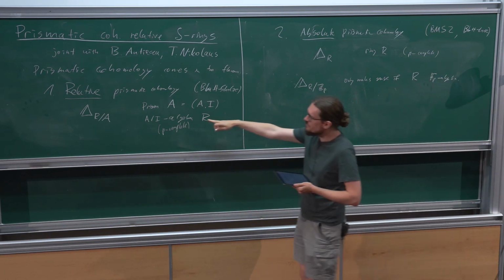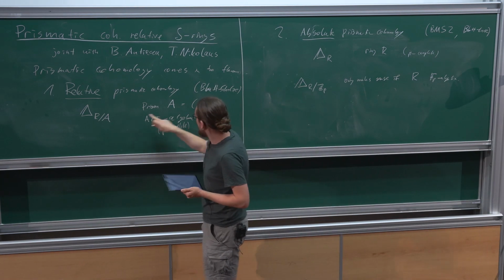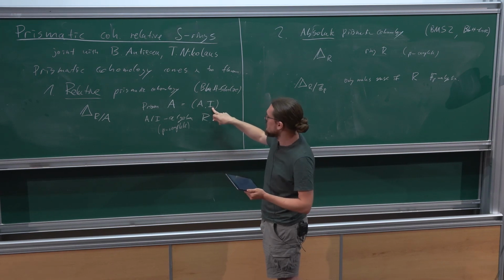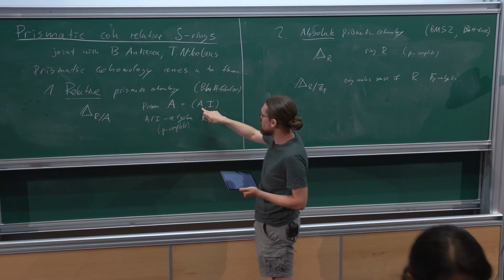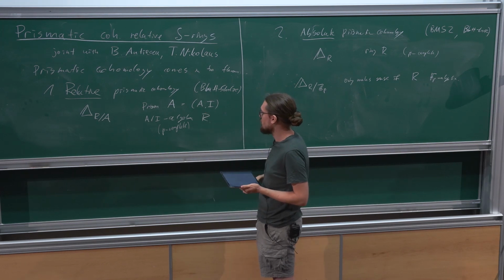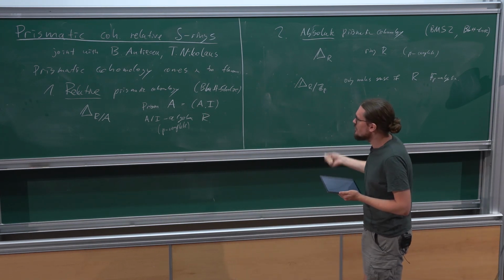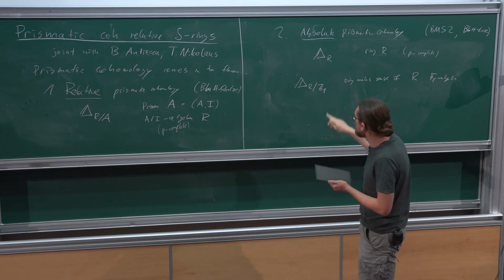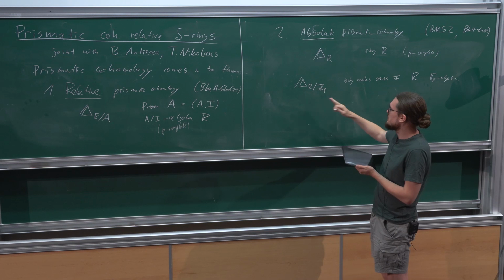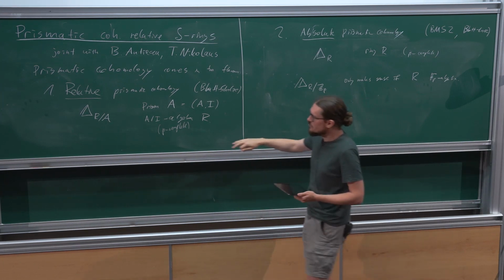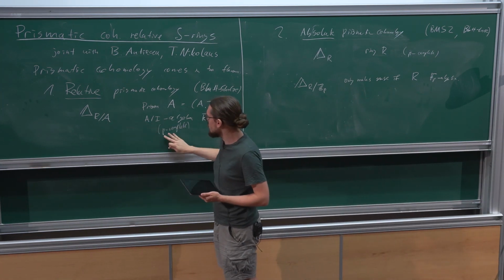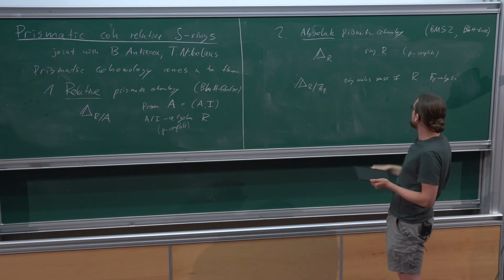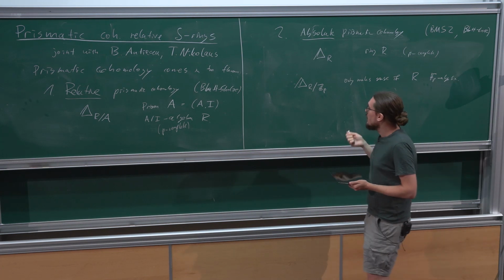Because in this relative version, we're asking to have a prism structure on A. So that needs to be some ideal that's compatible with the delta ring structure in a certain way. It needs to be locally principal and generated by some element d such that delta of d is a unit. And you can work out that on Z_p, the only ideal that makes sense is the ideal generated by p. And so since this only is defined for A mod I algebras, this here only makes sense in the case of F_p-algebras.